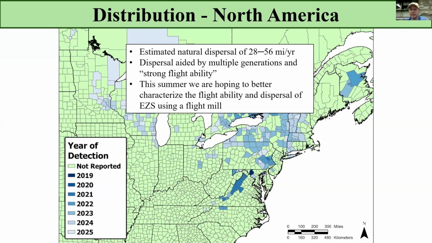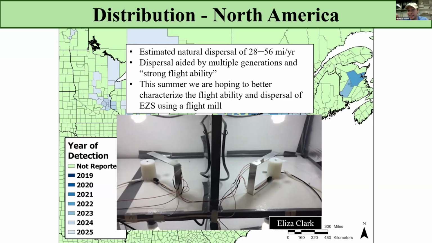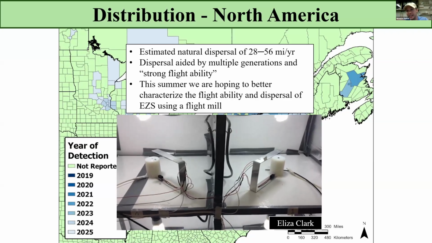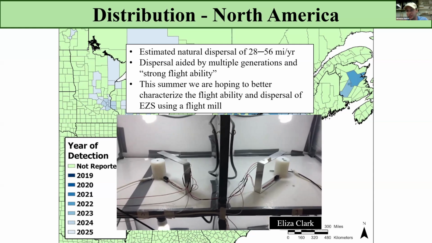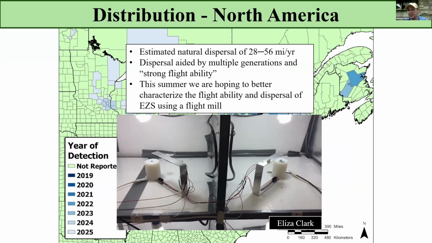This summer, we're hoping to characterize this a little better by putting them on a flight mill and seeing how far they actually fly. If you're not familiar with a flight mill, basically you're attaching the insect to it and letting it fly in circles for several hours, and tracking how fast it's going and how far it's going.